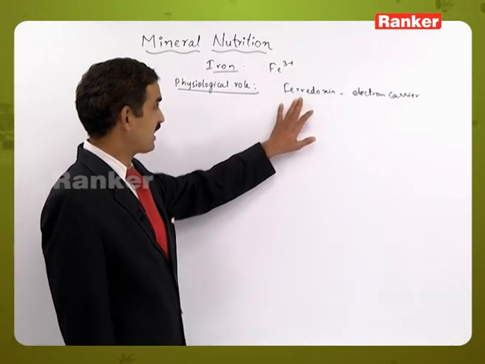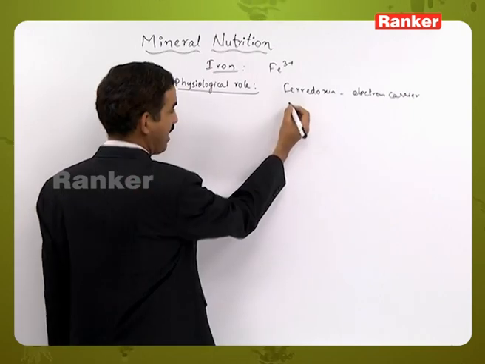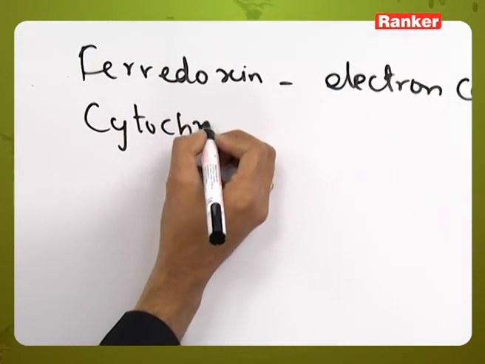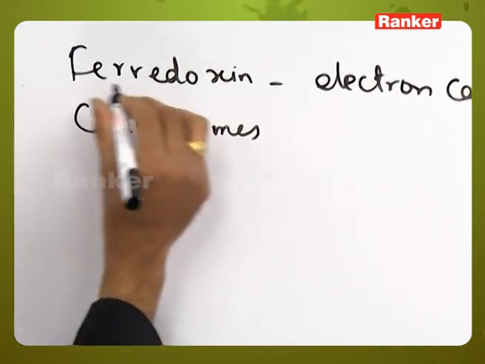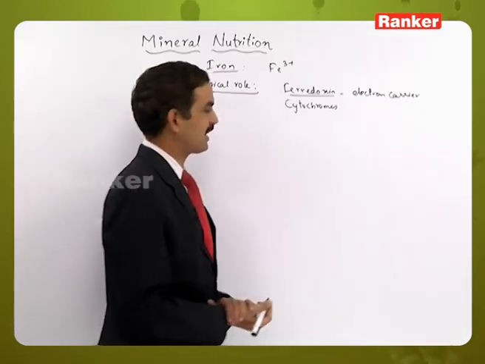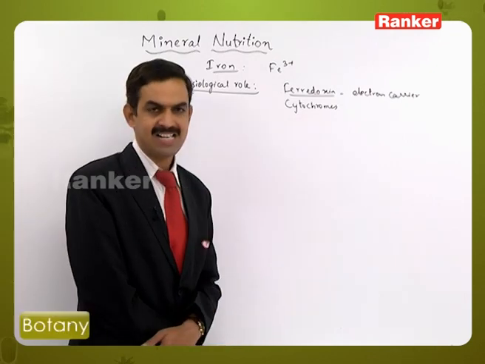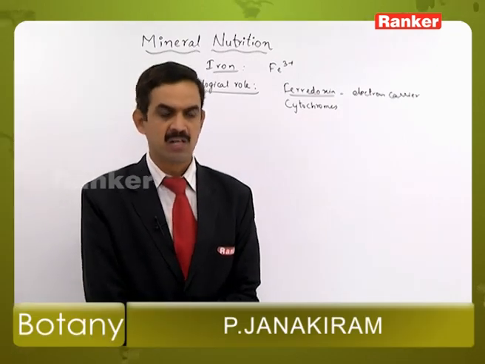This ferredoxin contains iron, and apart from that, it is also a constituent part of cytochromes. Ferredoxin is required as an electron carrier in the photosynthetic process. Cytochromes are required as electron carriers in the respiratory process.